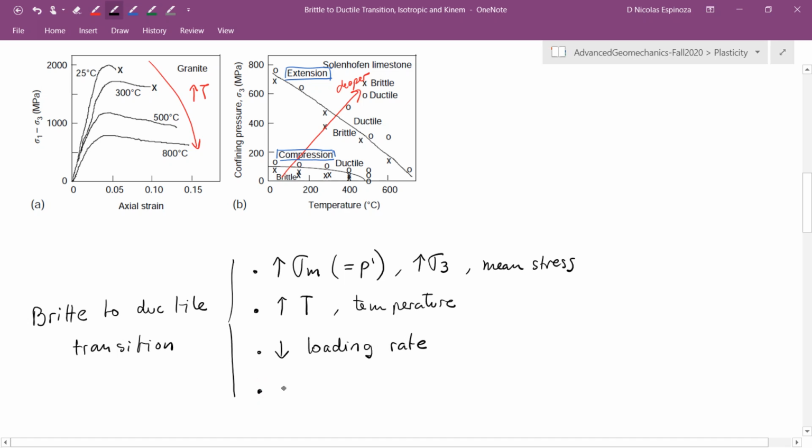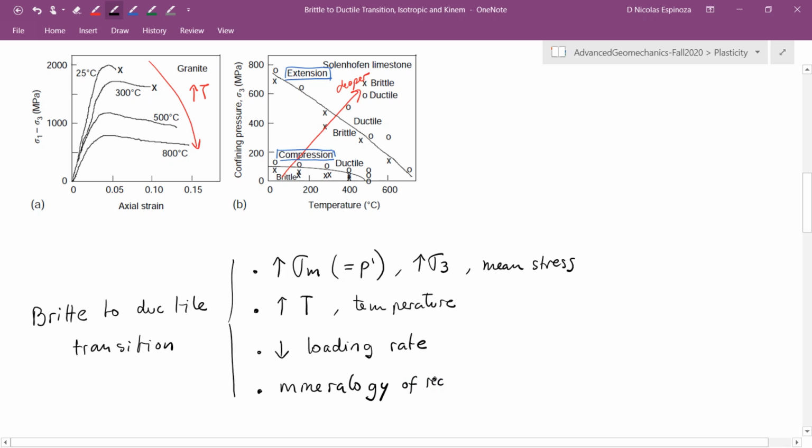And another factor is also mineralogy. Rocks made out of different types of minerals are going to have a different type of brittle to ductile transition. And in this case, let me just refer to the case of rocks.